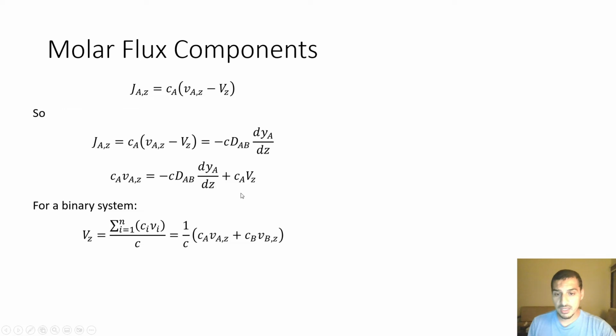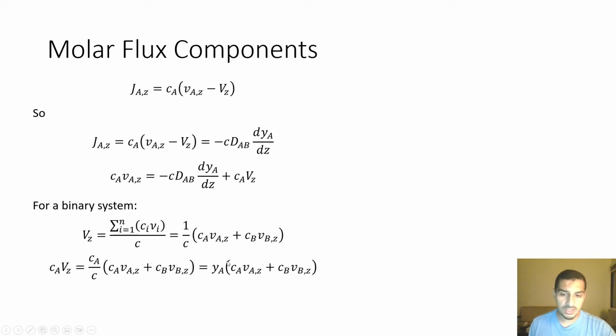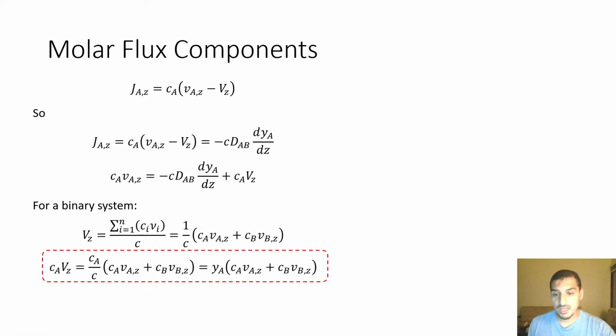So this is how the V_z is, and if you multiply it by C_A as it's here, it's going to be C_A multiplied by C, which is the mole fraction, y_A if we are in a gas phase. And then this is how the equation will look. We can now substitute this instead of this, put it here.